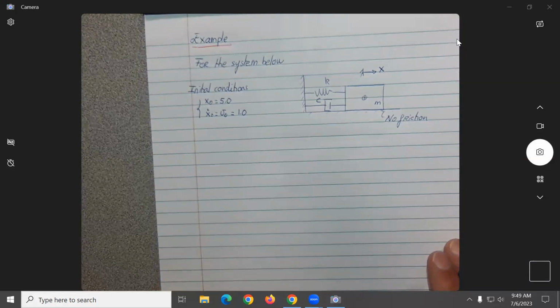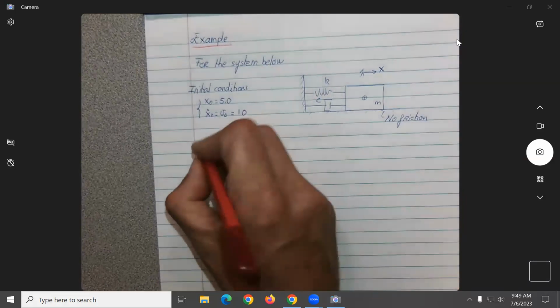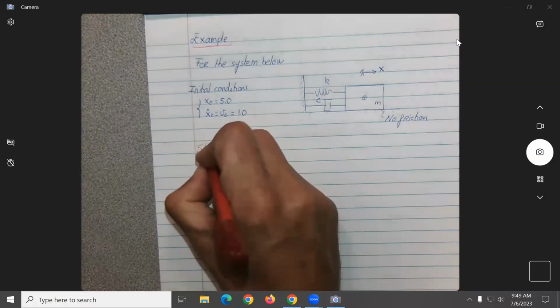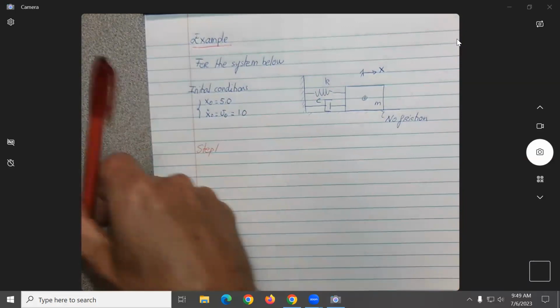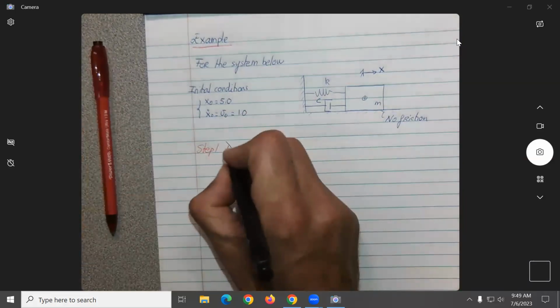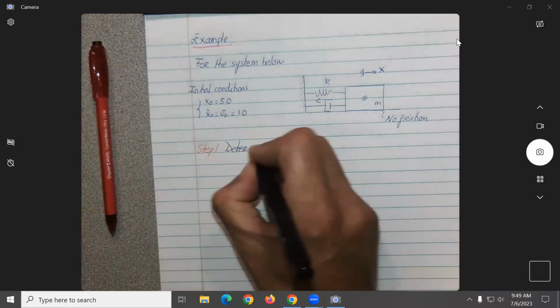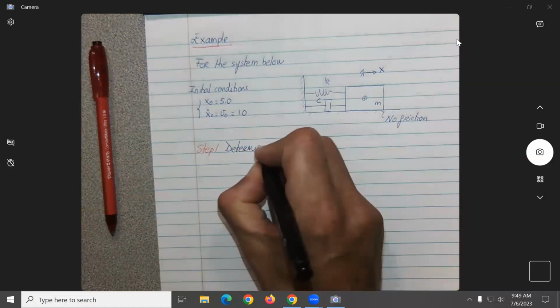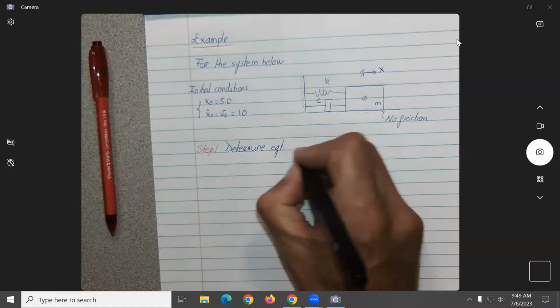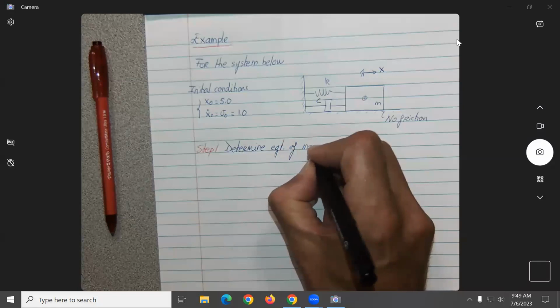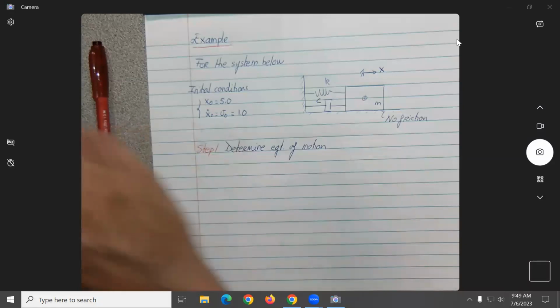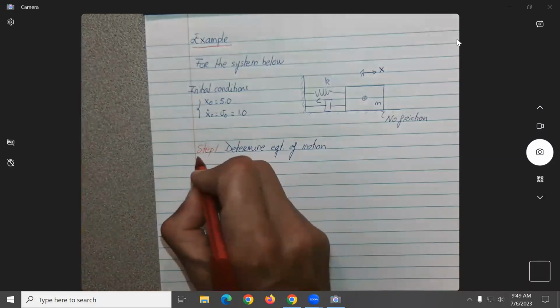Okay, so just for practice, we're just gonna go through the whole system. So let's say step one. Determine the equation of motion.